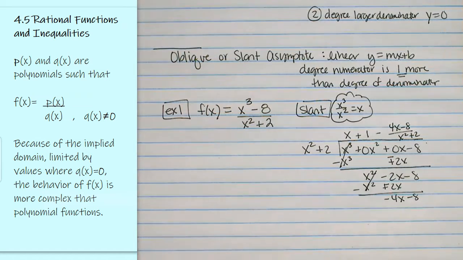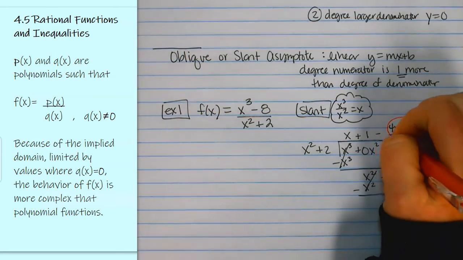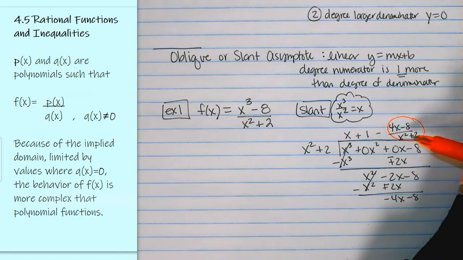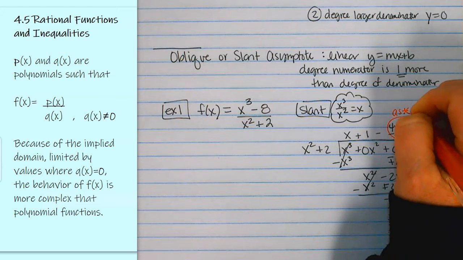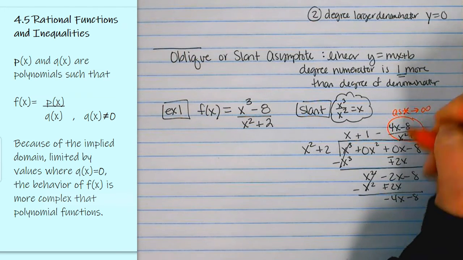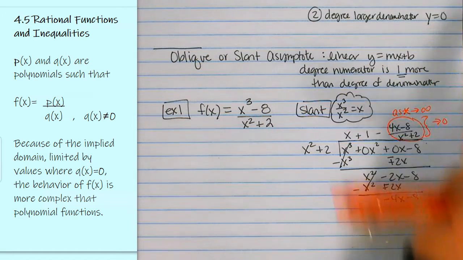Now the really cool thing about this is that if you followed what we did before, then you know that as x gets really large, this remainder has a larger degree on the bottom. So as x goes to infinity, this goes to 0. From the rules, degree larger in the denominator, it goes to 0.